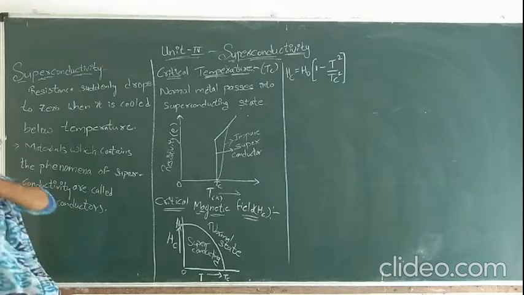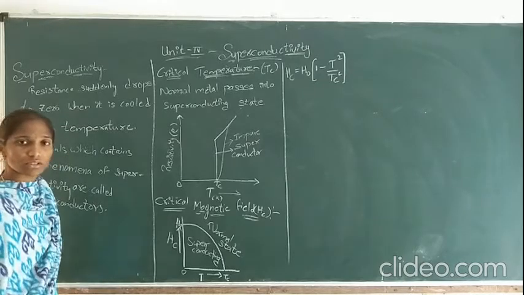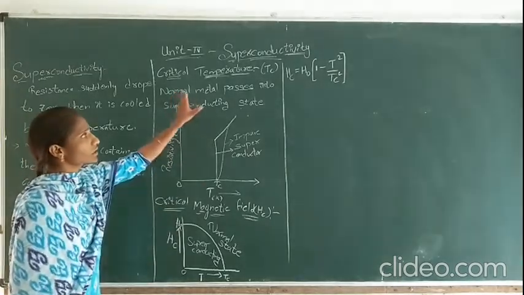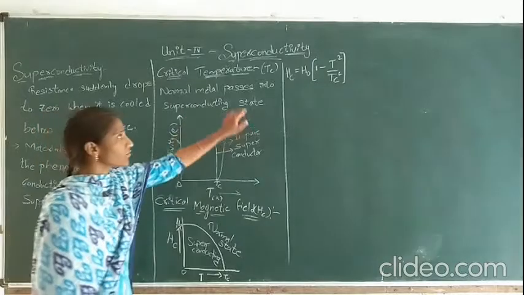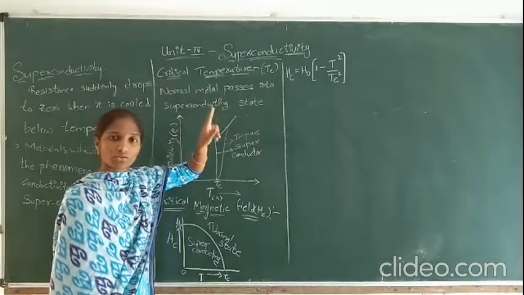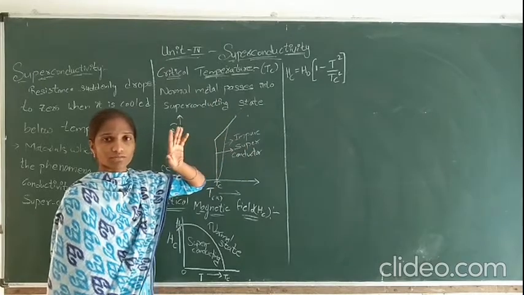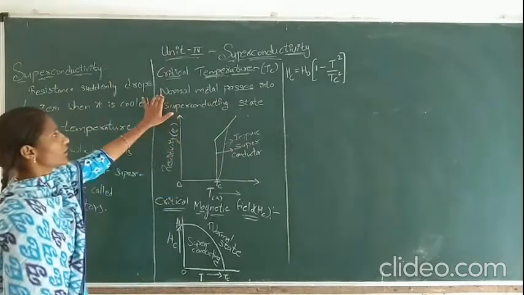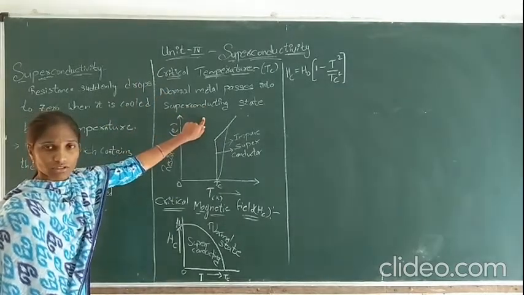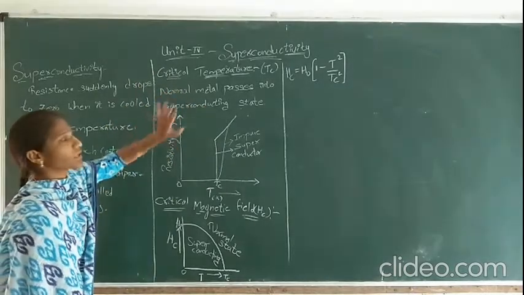Now critical temperature is one of the basic definitions in the superconductivity topic. Critical temperature is represented with the letter Tc, and it is also known as transition temperature. The temperature at which a normal metal passes into the superconducting state is known as the critical temperature.